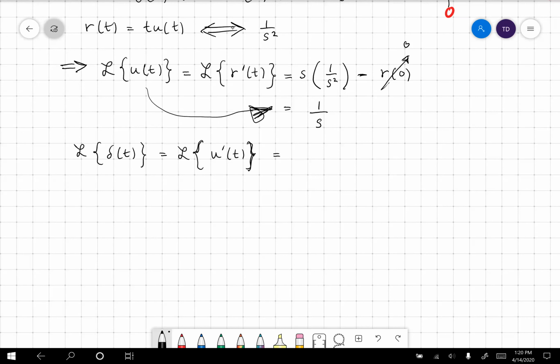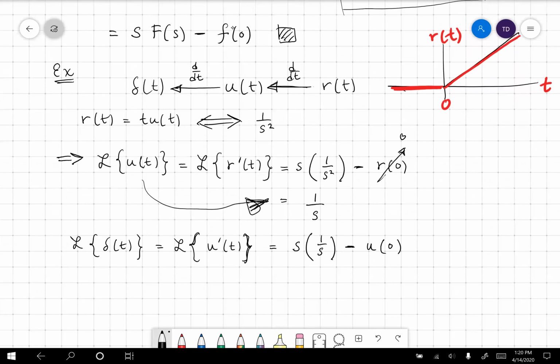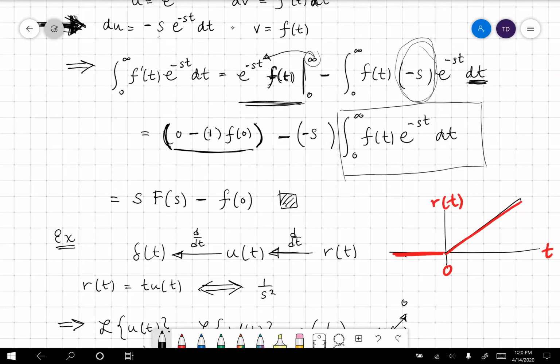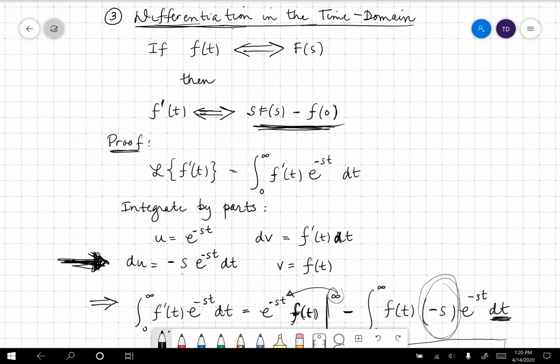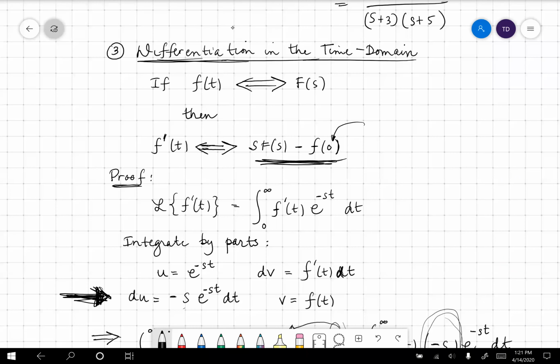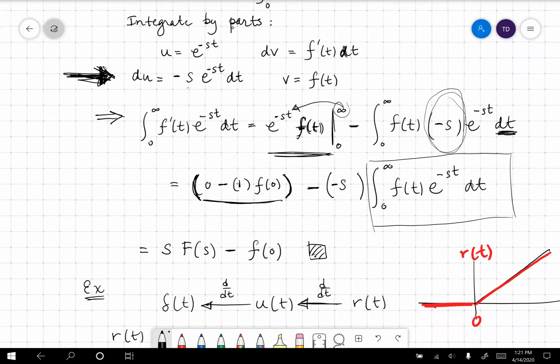So this should be equal to s times 1 over s minus u at 0. This is why I told you that most people put a 0 minus here. So let's see why they put a 0 minus.